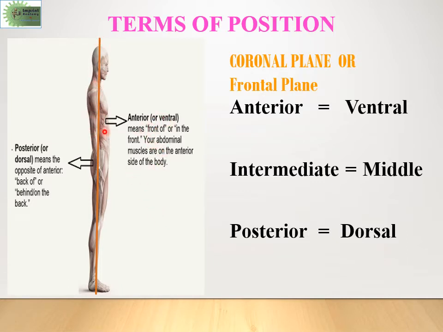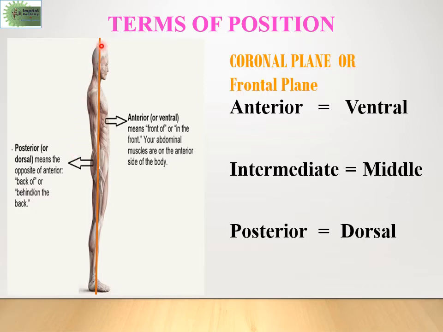Then behind the coronal plane or the frontal plane is called the posterior. This is also called dorsal, behind the coronal plane, or I can say the back of the human body. The back side is called posterior or dorsal, and in between, that is called intermediate or the middle.